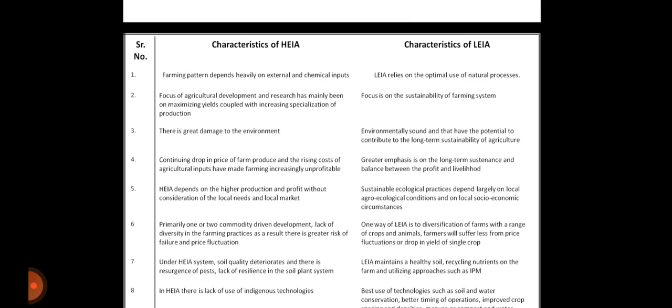Low external input agriculture maintains a healthy soil, recycling nutrients on the farm and utilizing approaches such as integrated pest management.